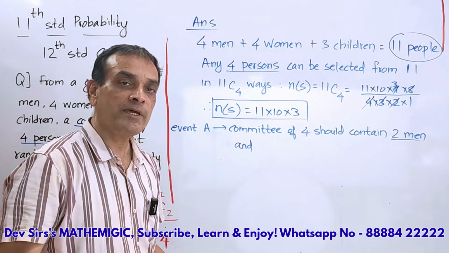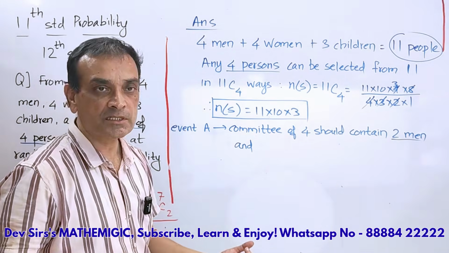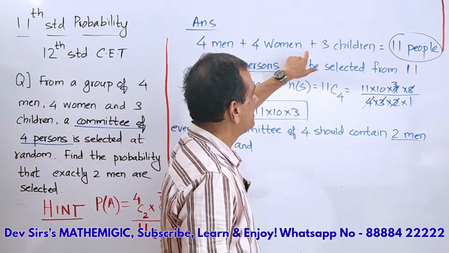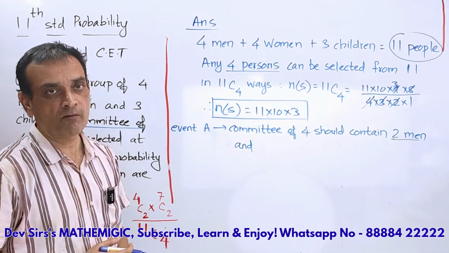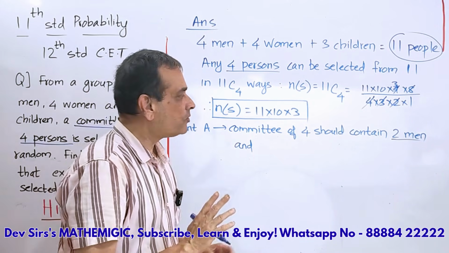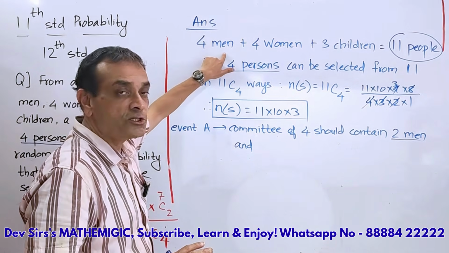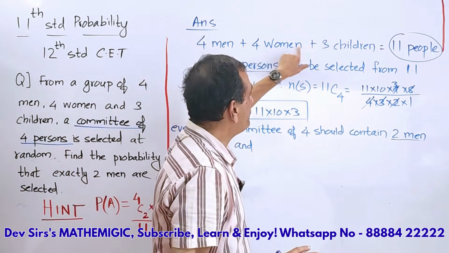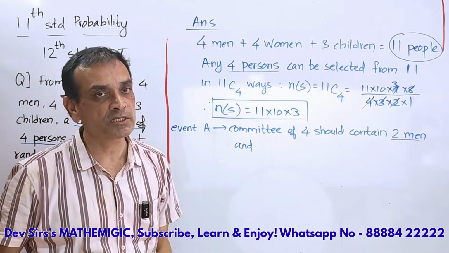Those 2 persons can be any other persons from the remaining persons. Followed? The remaining 2 persons are needed from the 4 plus 3, 7 persons, leaving out the men.